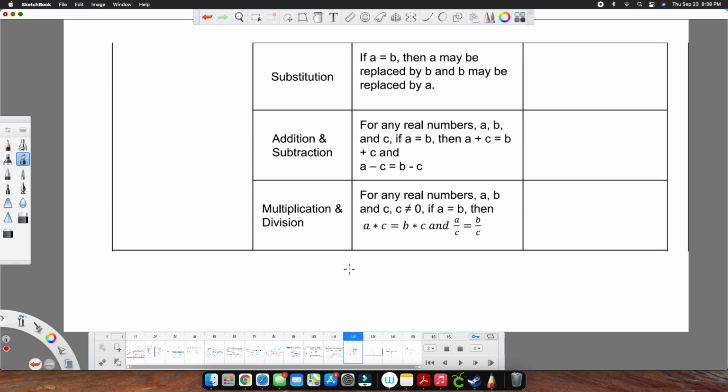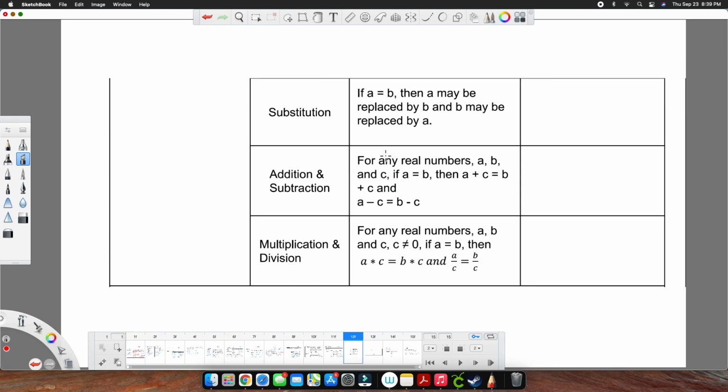Oh, two more, because it's putting two tables together from the book. Substitution. If a equals b, then a may be replaced by b, and b may be replaced by a. The example they give us is if 6 plus 1 equals 7, then 7x equals 21.